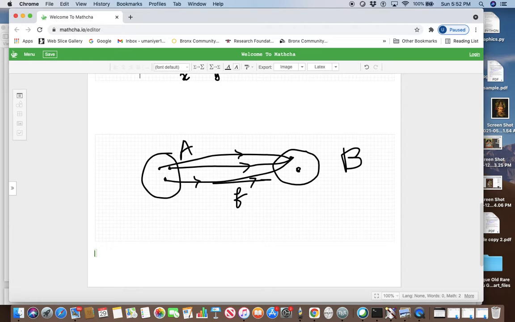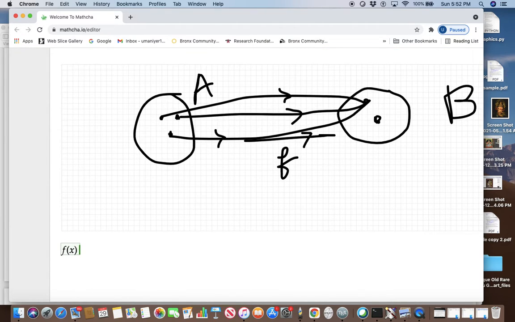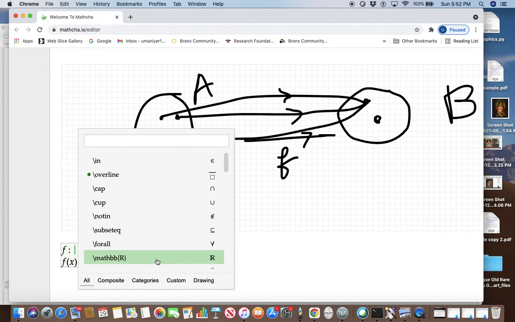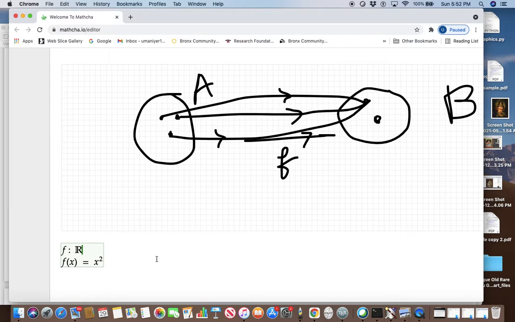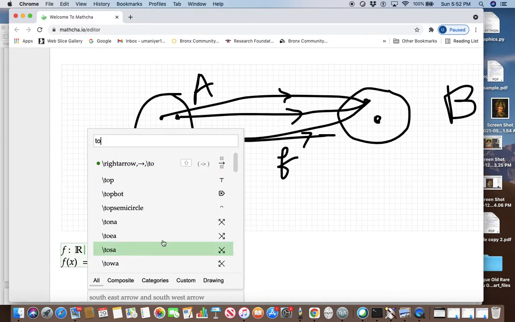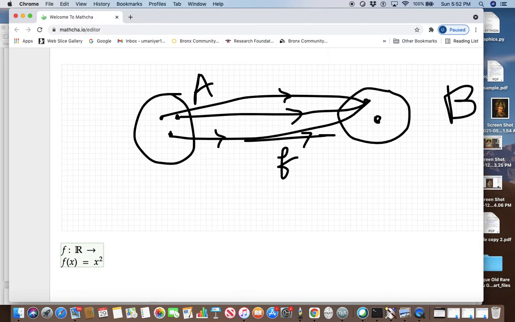Here is another example that you are familiar with. f(x) equals x to the power 2. I need to tell you where my domain and codomain are. Suppose f is from the set of real numbers to the set of real numbers.